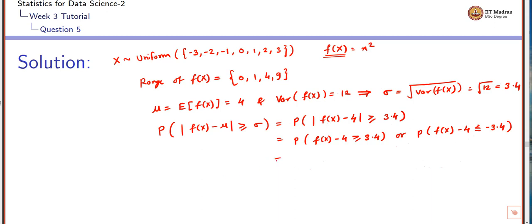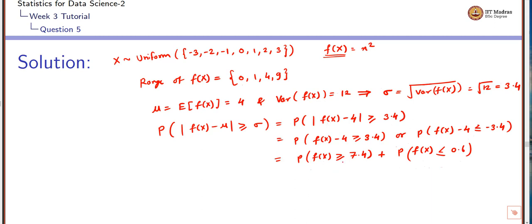So we know that this is the probability that f of x is greater than or equal to 7.4, plus the probability that f of x is less than or equal to 0.6. From this range we can easily see that f of x is in the range 0, 1, 4, 9.